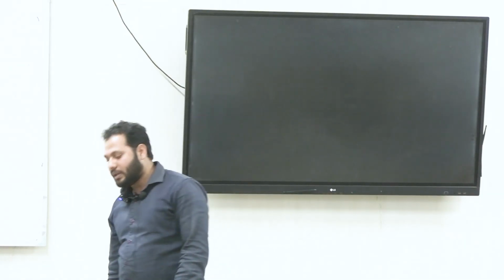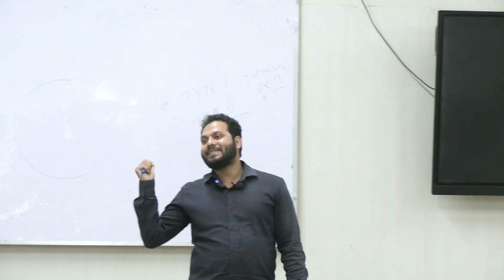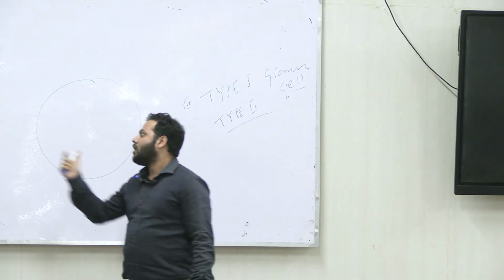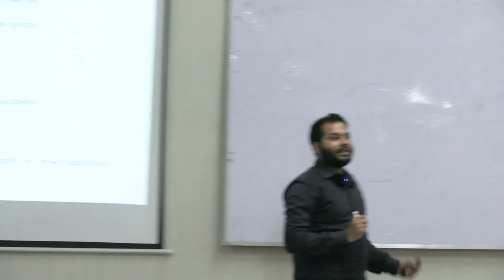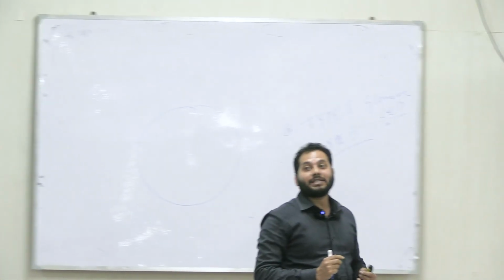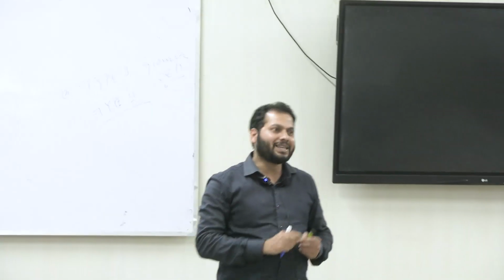These granules actually act as a neurotransmitter, right? I repeat, these glomus cells are basically found in both the aortic bodies and carotid bodies. That is why these cells are also known as peripheral chemoreceptor cells. These are neuronal cells only, right?